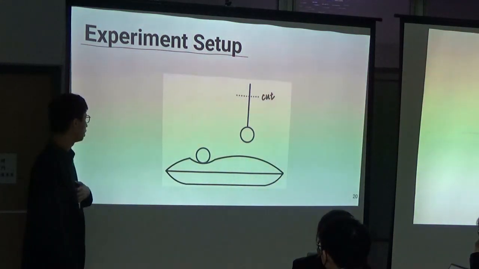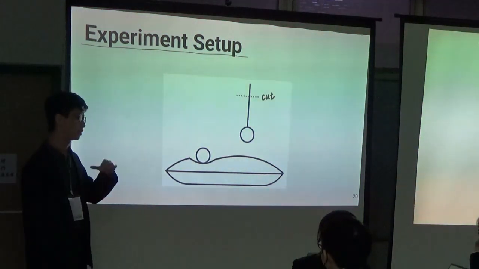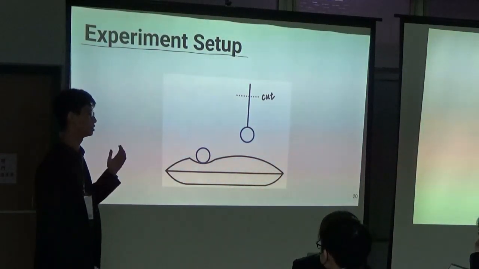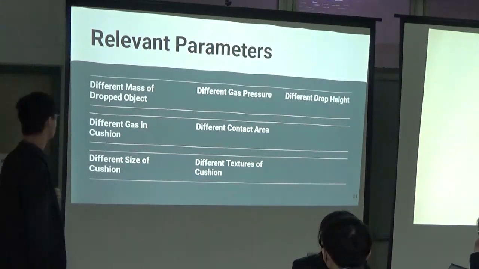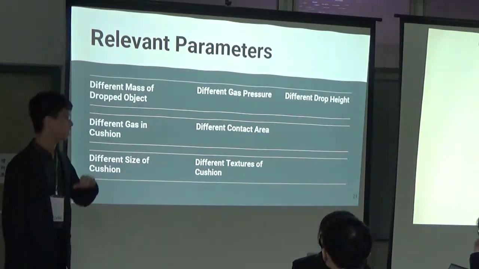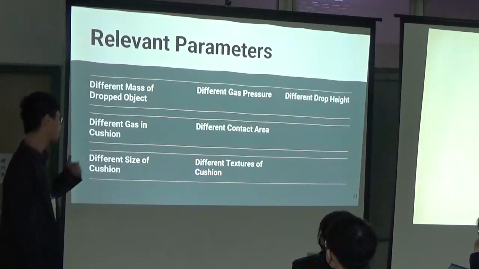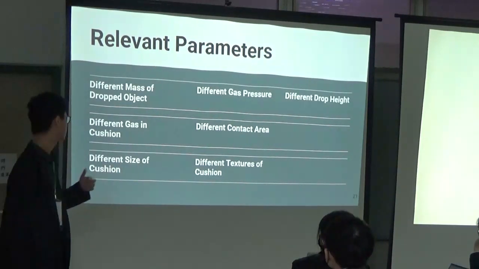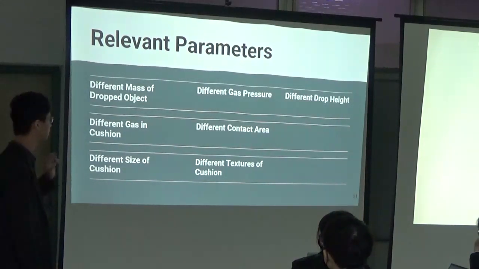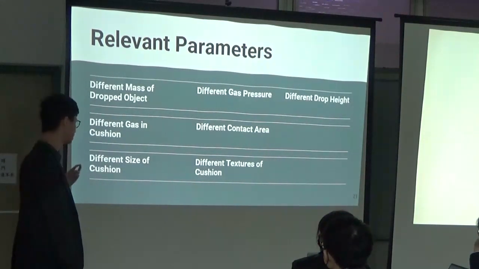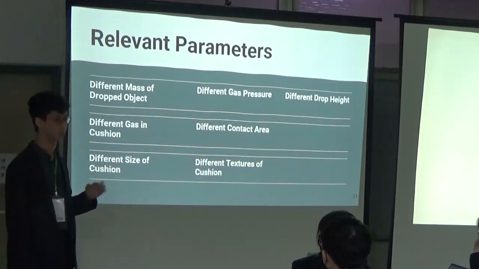Therefore, we can determine its relationship with the amplitude that we just mentioned. So here are the relevant parameters. First, different mass of the drop object, different gas pressure, different drop height, which affects the velocity, and also different gas and cushion, different contact area, different size of cushions, and different texture of the cushions.